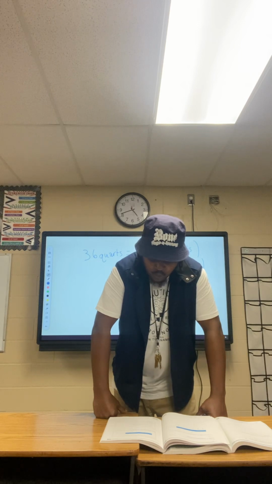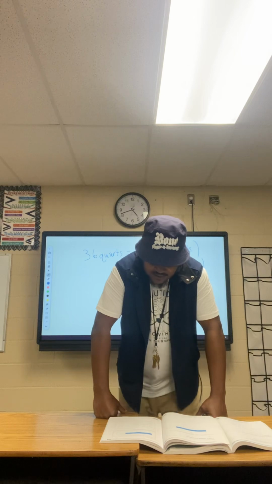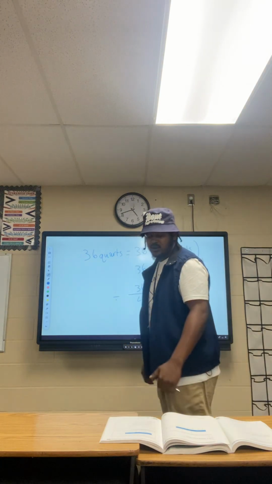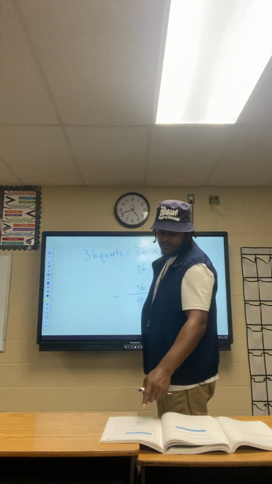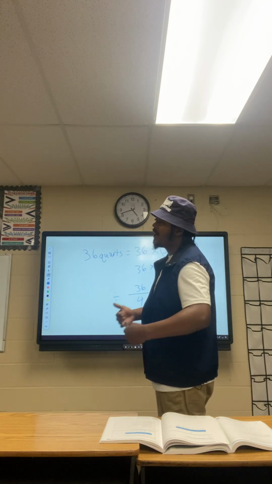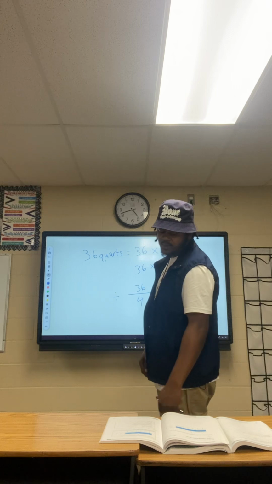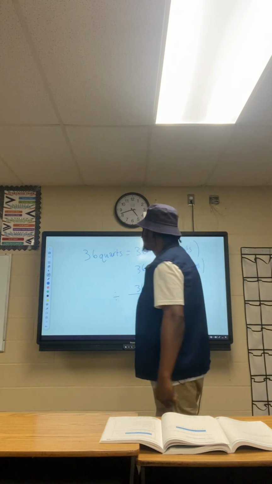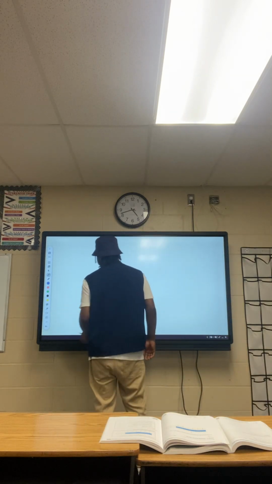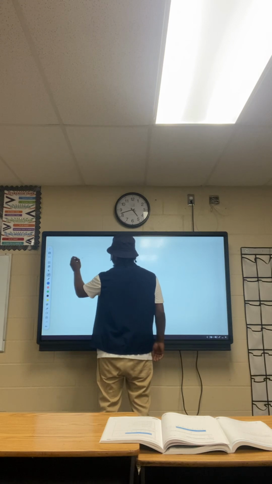Number 1 says, how many 16ths are in 15 over 16, or 15/16 is the correct way to say it. So they're saying how many 16ths. When they ask you how many 16ths are in 15/16, you would divide, okay? So we will put it in unit form.